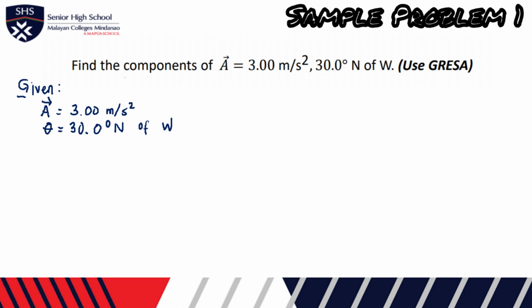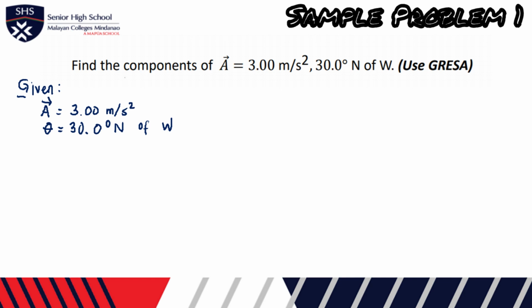Sir, what is GRESA? That is G for given, R for required, E for equation, S for solution, and A for answer. To start, let us have letter G, or the given.